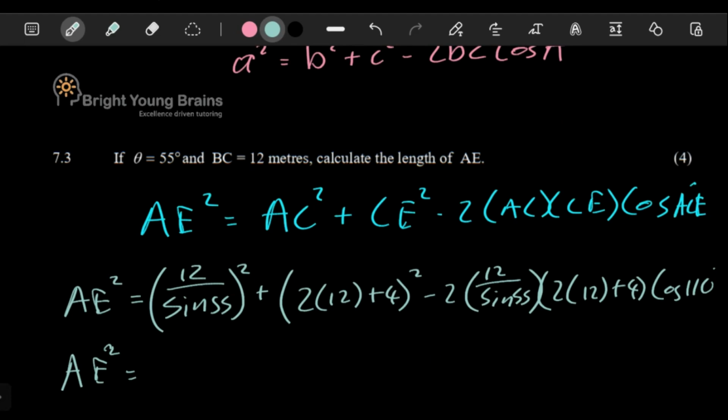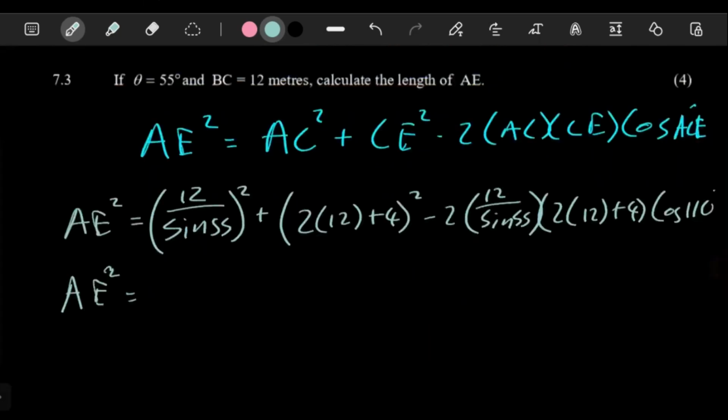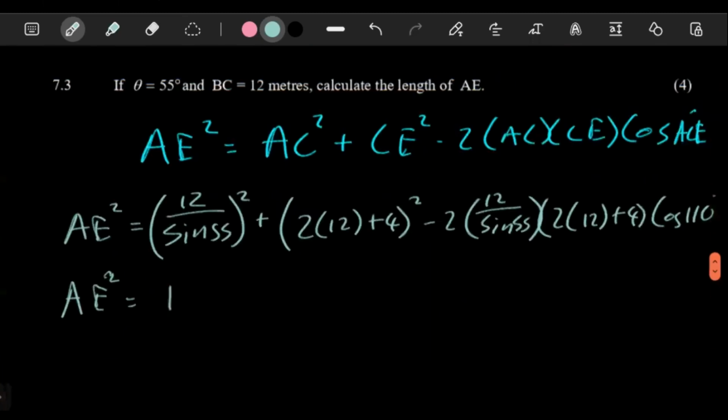So putting all this in the calculator, we are getting 1,279.